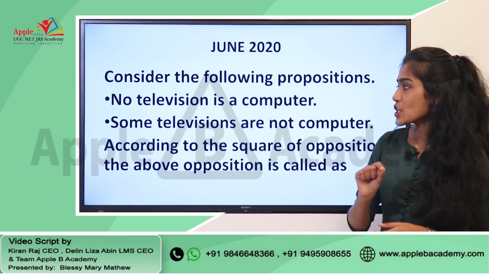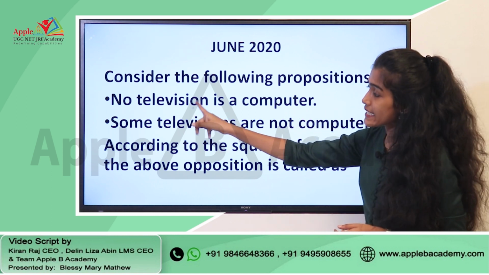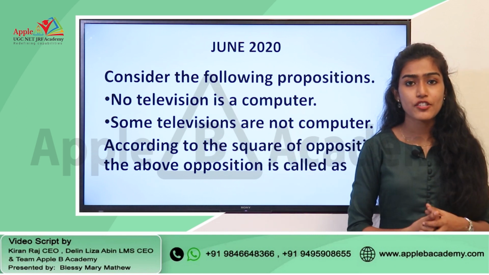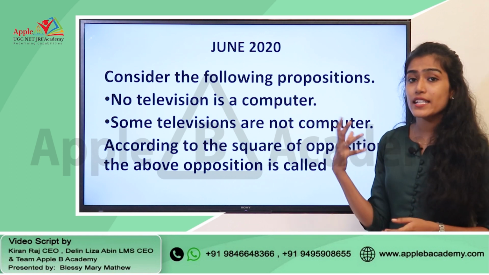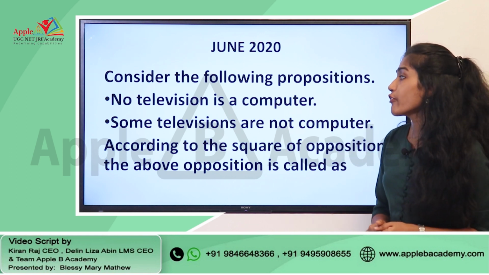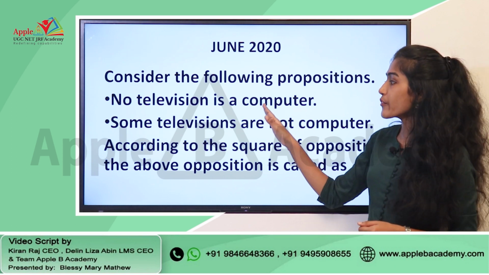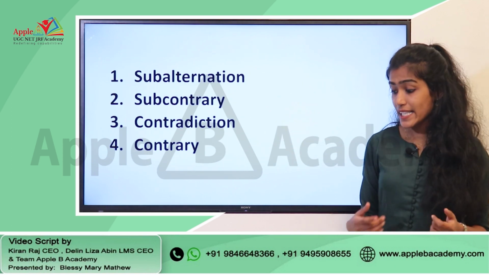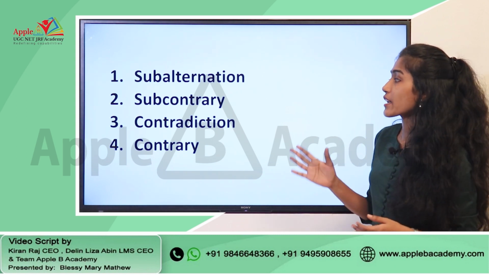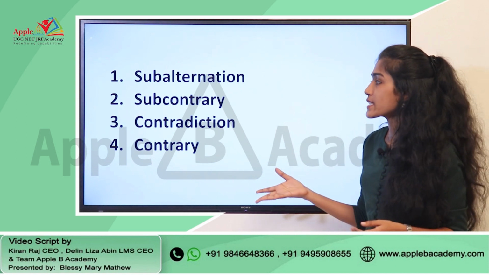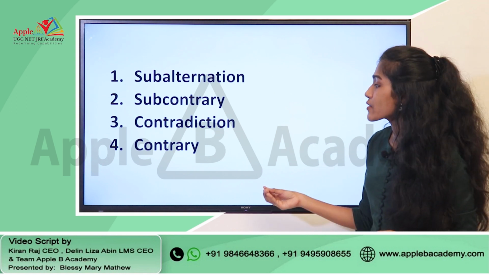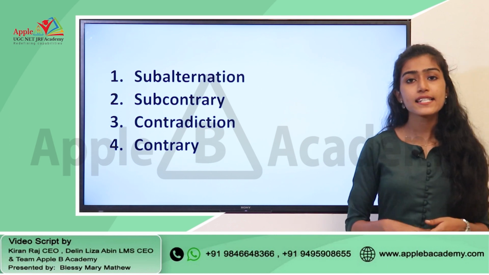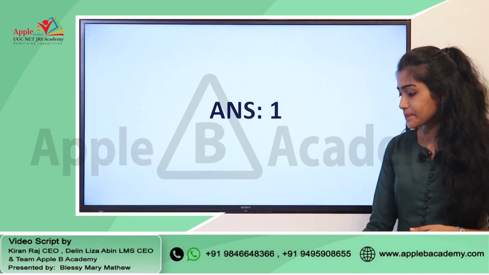So what is the relationship between a universal negative and a particular negative proposition? What is the term that you can use for the relationship between these two? That is subalternation, right? You have the options subalternation, subcontrary, contradiction, and contrary. So the right answer for this question is option 1, that is subalternation.